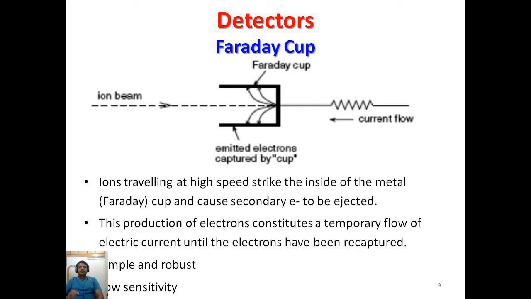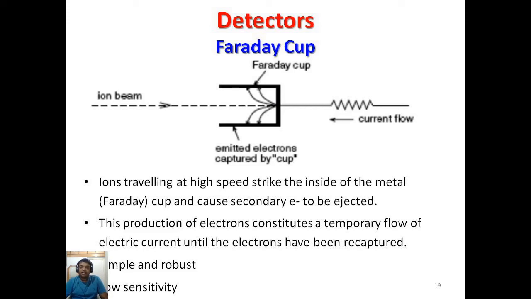The electrons emitted from the Faraday cup are again bombarded with the molecules, generating many more electrons through doubling. Increasing the frequency of electrons increases the current, and this current identifies the particular molecules.